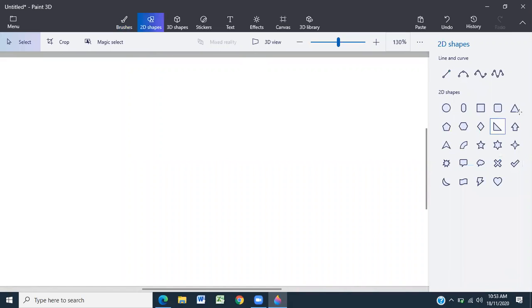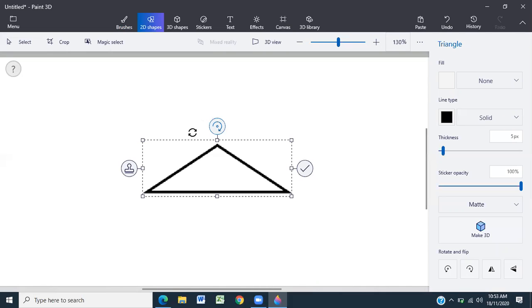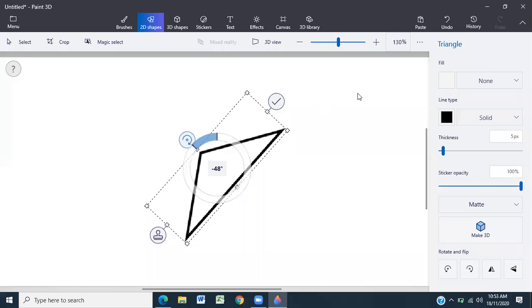So let's just draw a triangle. For triangles that aren't right angle, we can't use Pythagoras' theorem, right? We can only use the sine rule.